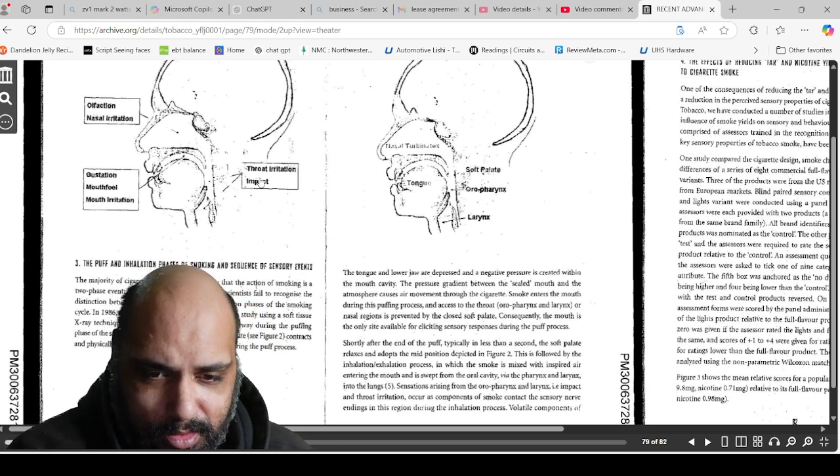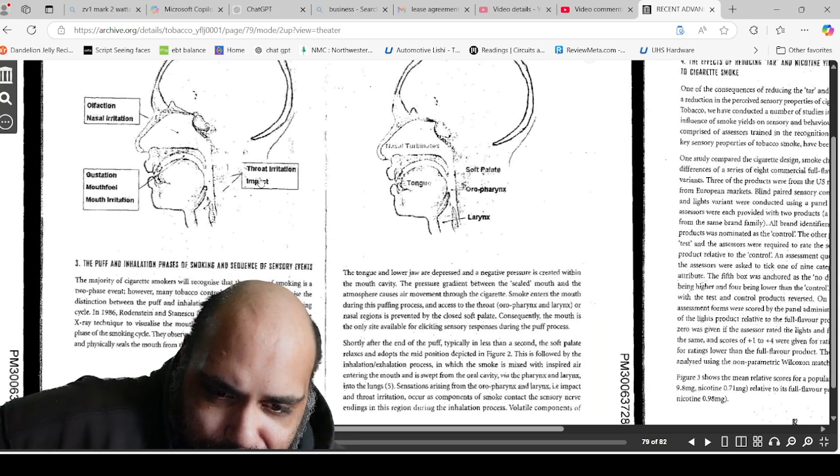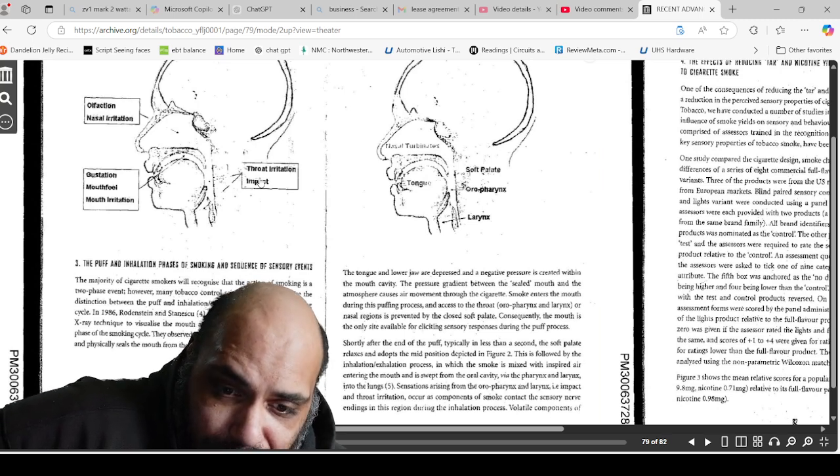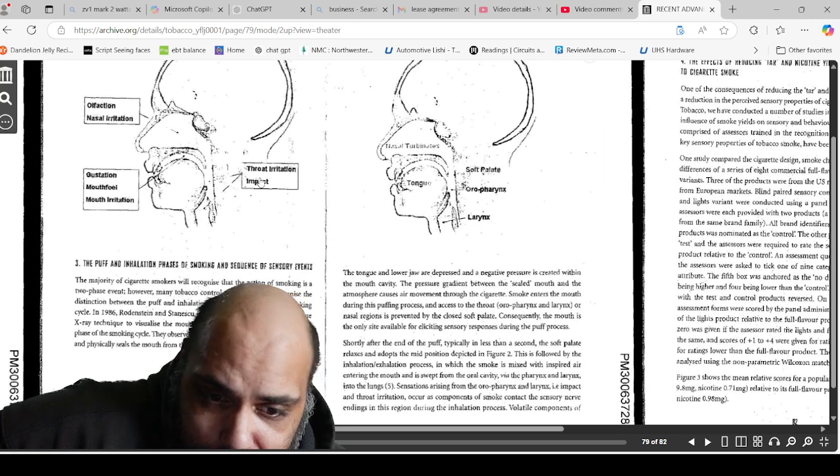The tongue and the lower jaw are depressed and a negative pressure is created within the mouth cavity. The pressure gradient between the sealed mouth and the atmosphere causes air movement through the cigarette. Smoke enters the mouth during this puff process, and access to the throat, oropharynx and larynx, or nasal regions is prevented by the closed soft palate.